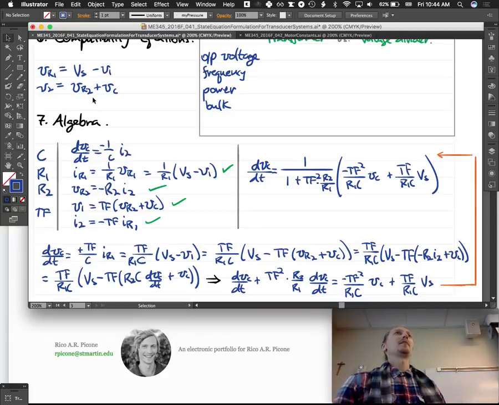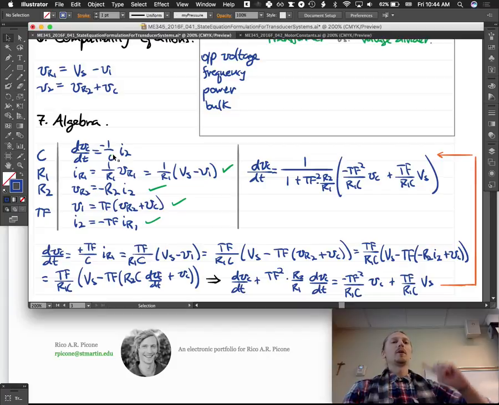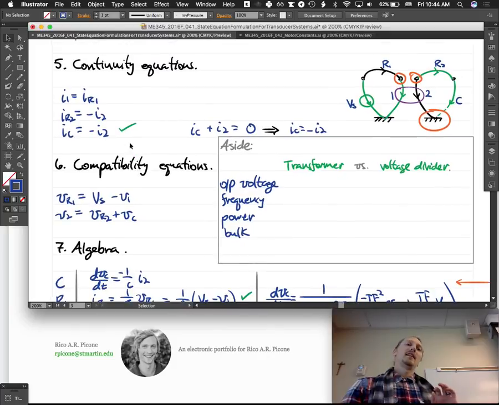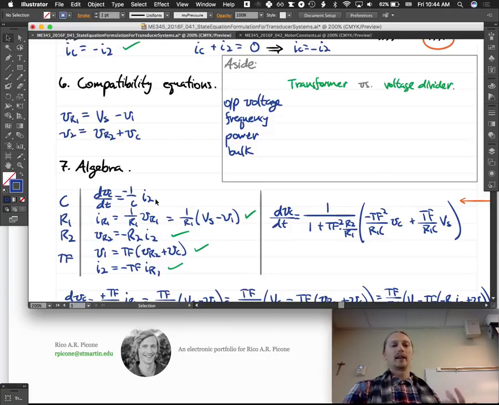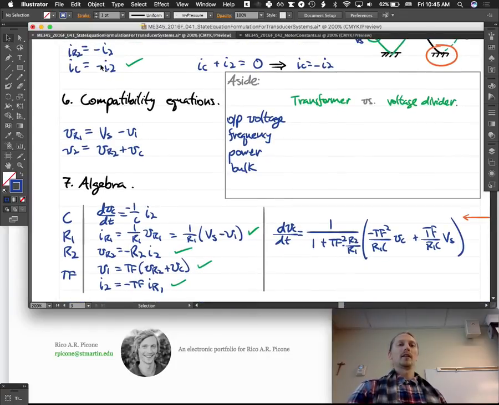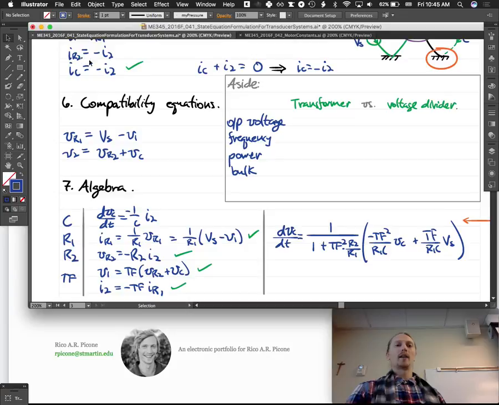We're going to get through this example, though. And this aside. Okay, so dV/dt is equal to 1 over C times IC, right? But IC has, of course, a continuity equation. Plug in negative I2, so bam, I already did that. IR1, you can plug in VR1 from this compatibility equation. There you go. And VR2 is equal to R2 times IR2, and there is a continuity equation for IR2 equals negative I2, so we plug that in.